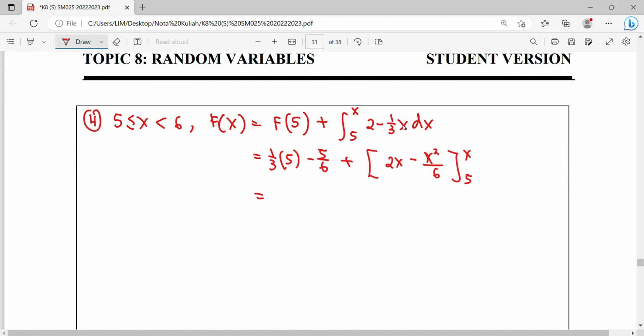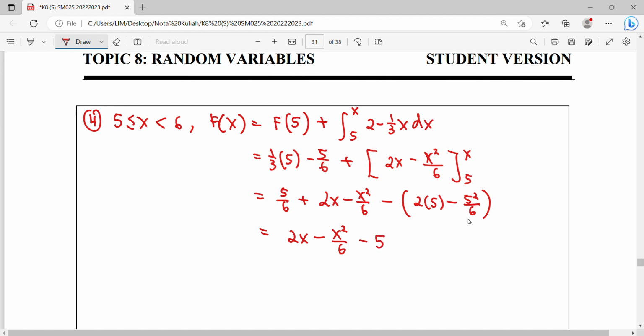Okay, so simplify this. Upper limit x, no change, minus lower limit 5. So this constant and this simplify.